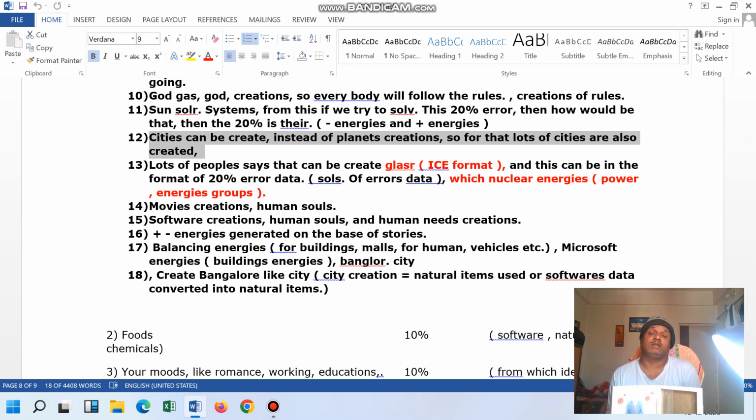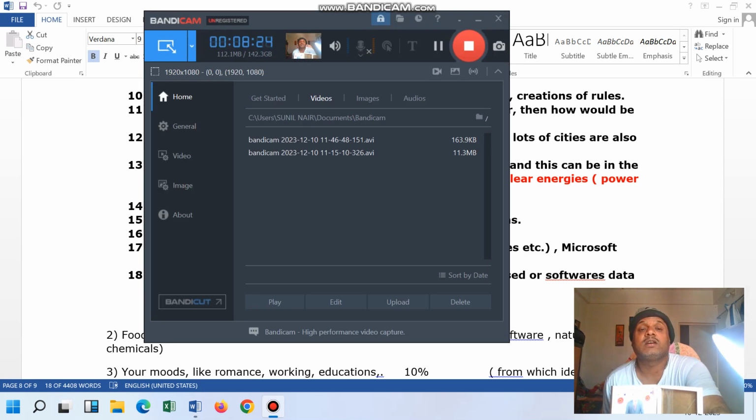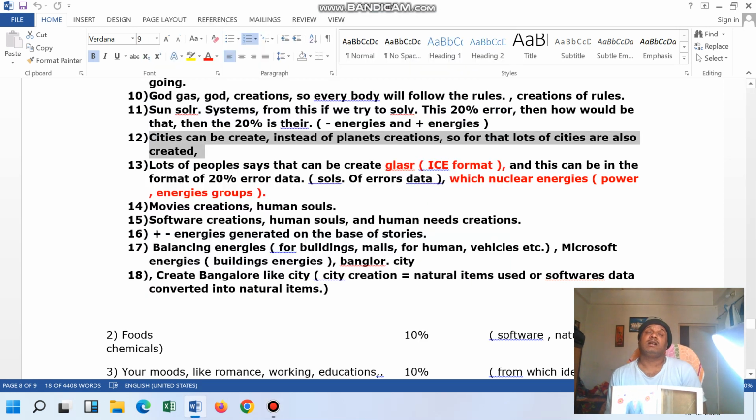Lots of people say that the cricket stadium is designed like this also. Then one person told how cricket stadium is designed, because everything is connected to city creation, and investment money is also collected by the cricket group, and city creation happens on the basis of a certain level of investment only.